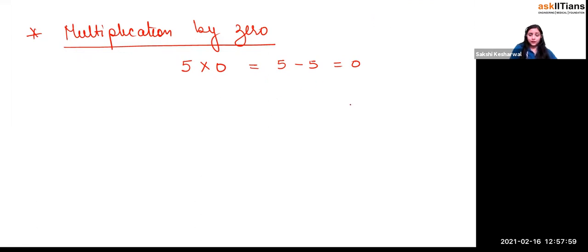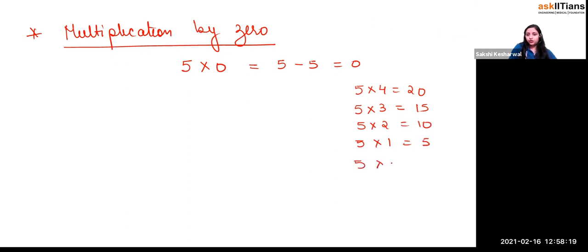So I'll give you an example of how this works. Now see, 5 into 4 is 20. Now 5 into 3 is 15. 5 into 2 is 10. 5 into 1 is 5. Now 5 into 0 is how much?